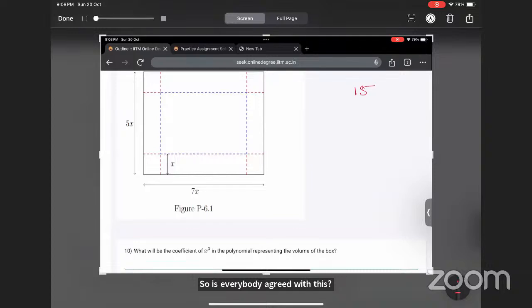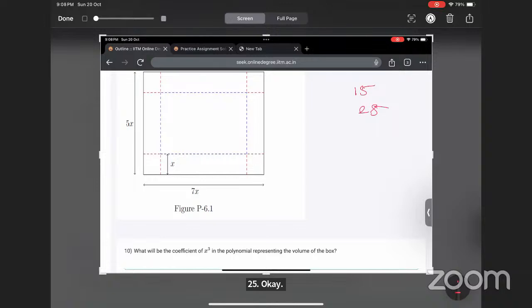Ma'am, you have to calculate it with the help of this picture. Anyone, any other answer? 125. 25. Okay. 125. Okay.